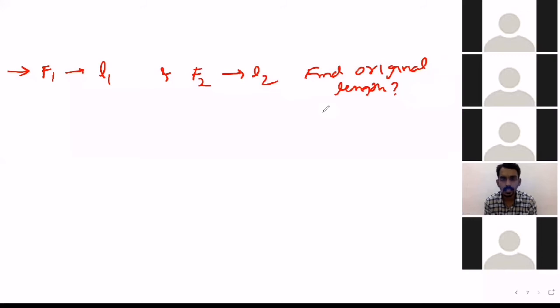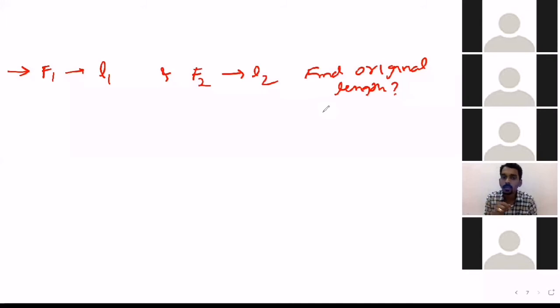See, consider the original length is L. Now when you apply force F1, length became L1. What does that mean? The change in length is L1 minus L. It was L, now it became L1.